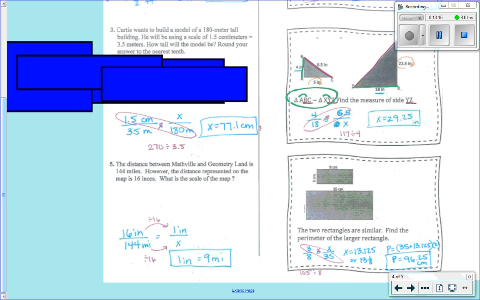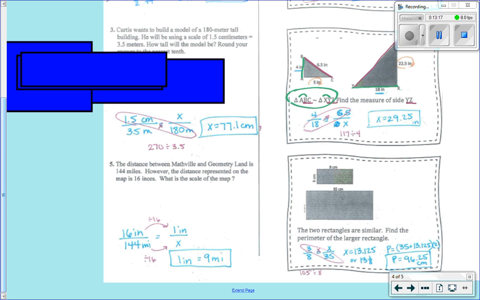To determine the perimeter, 96.25. Did you do this one? Yes. Okay. The 2 rectangles are similar. Find the perimeter of the larger one. So we have 3, right? Y'all don't have a link right here, do y'all? Okay, so that's what we're trying to find.